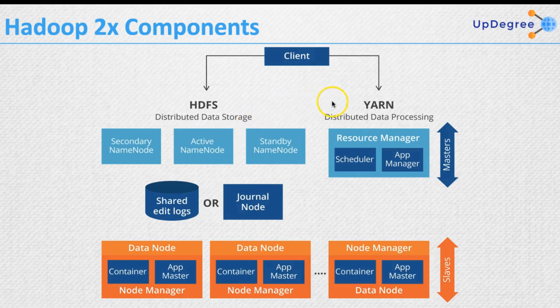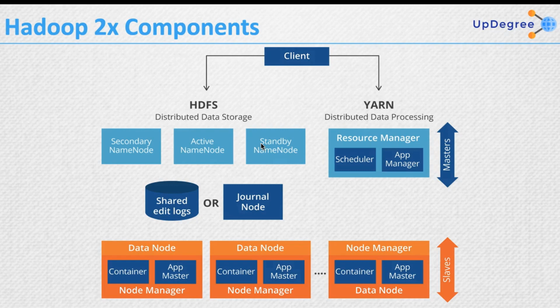So this is exactly called high availability in your Hadoop 2x. This avoids having a single point of failure at the name node. We are going to talk about how exactly this active name node and standby name node work together, because this is a very important concept to understand, like when you're going into the production environment, if your master fails, everything fails.